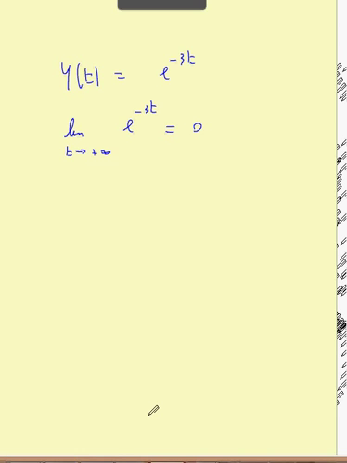Also if we start here, this is the final equilibrium solution.